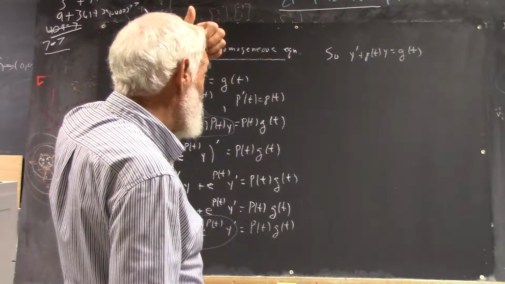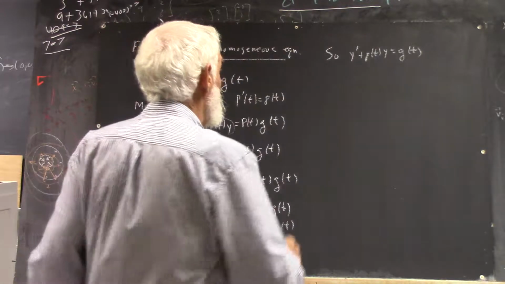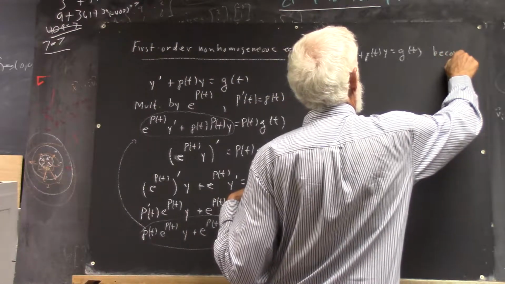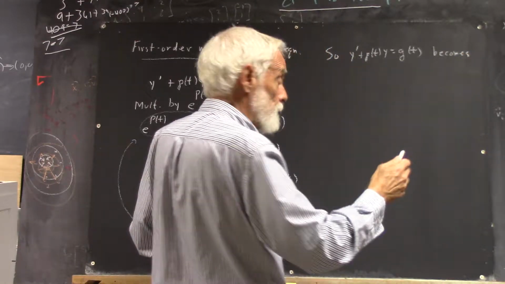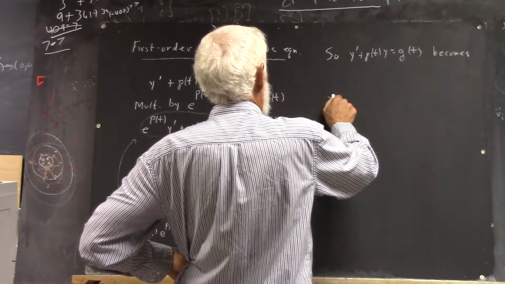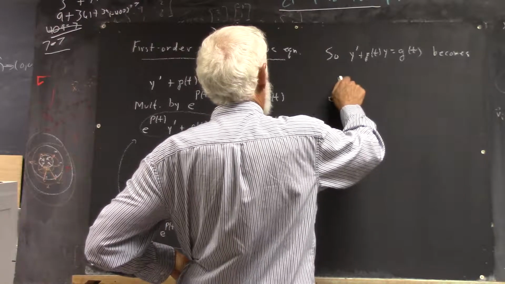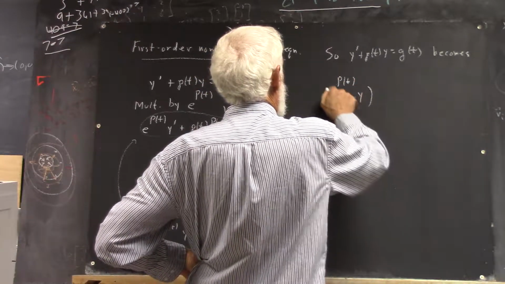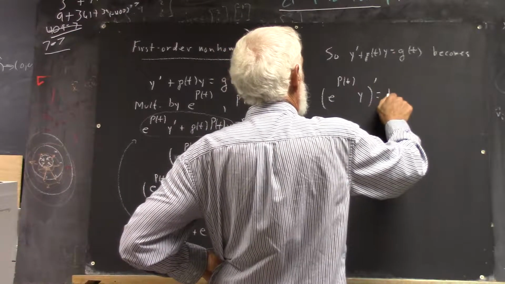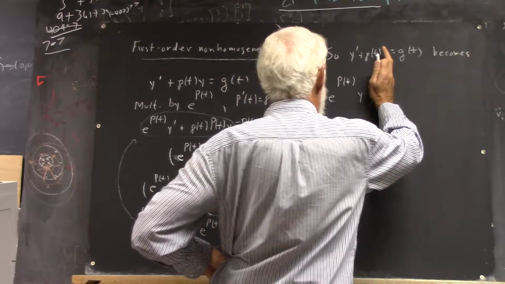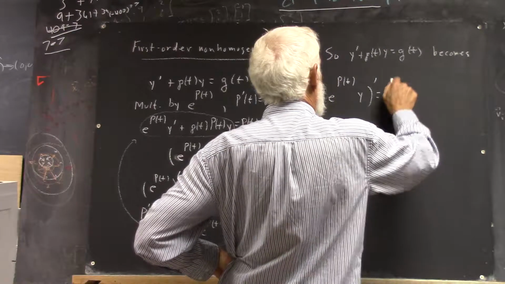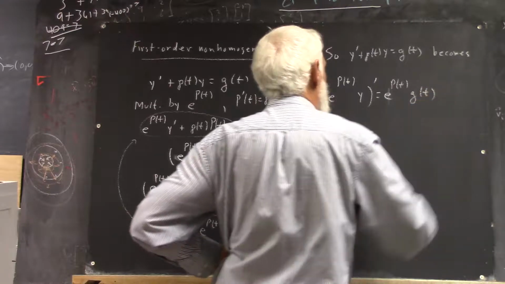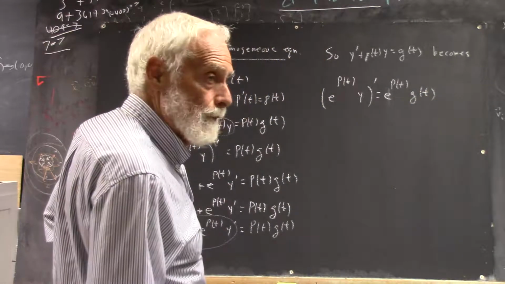That might not have been the best notation I could have used, but it becomes, or is equivalent to, e to the capital P of t times y prime equals, I almost did it again, e to the capital P of t times g of t. Okay?